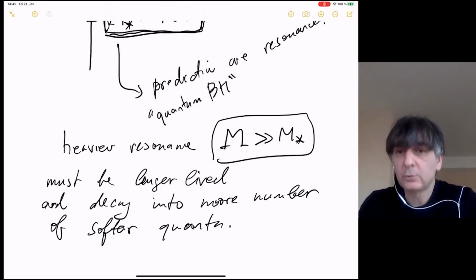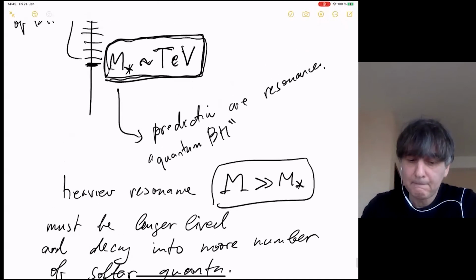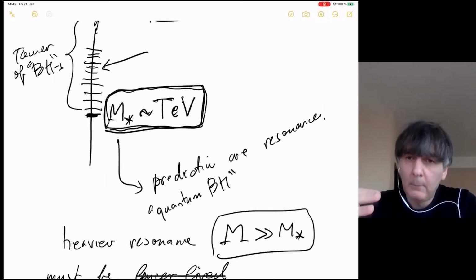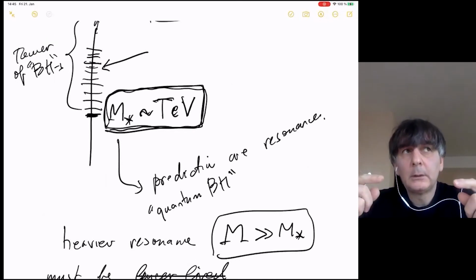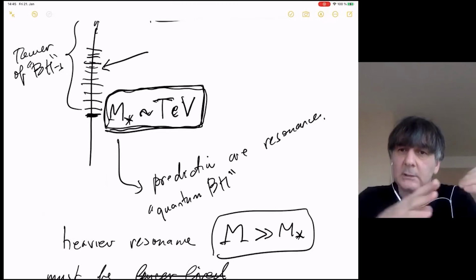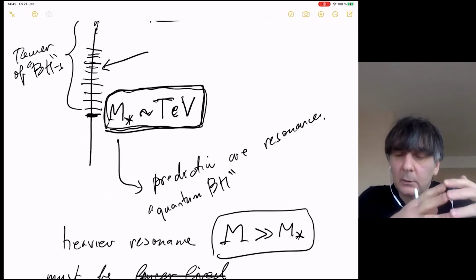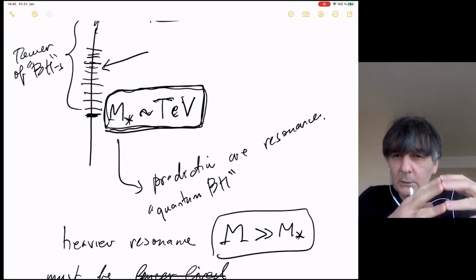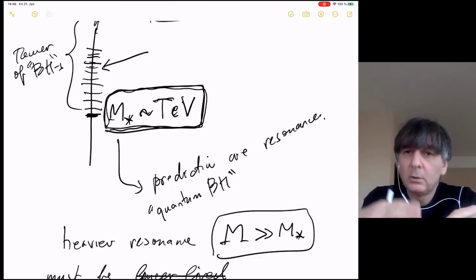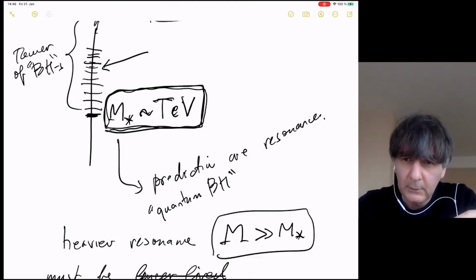Now, there are two things that are important to understand. For instance, an ultraviolet completion of gravity, such as string theory, doesn't change the deep UV properties of gravity.